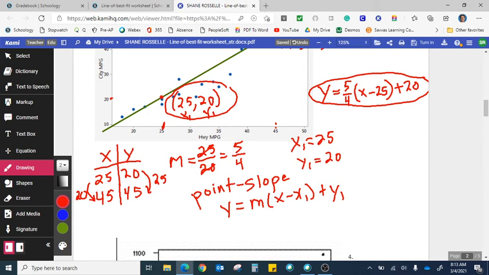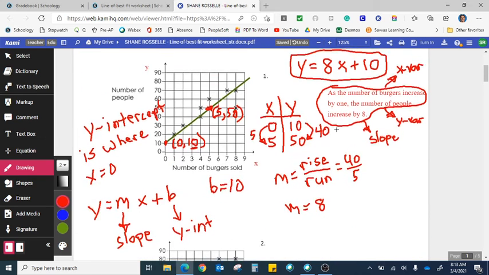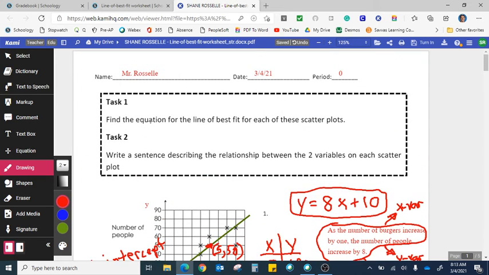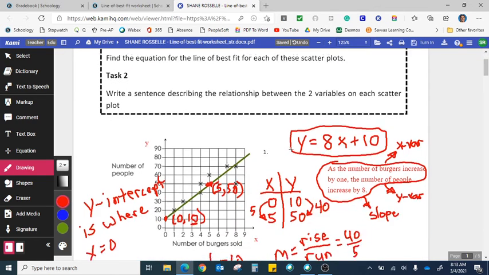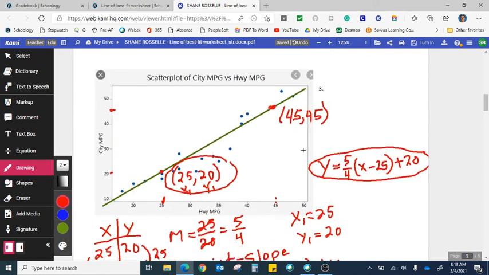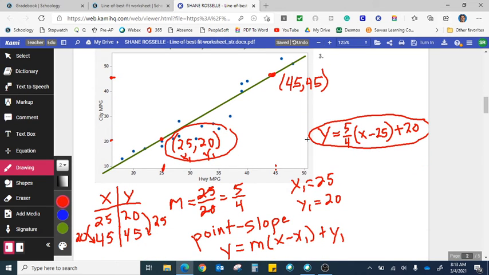If it asks up here, it says find the equation for the line of best fit for the scatter plot. So if it doesn't say specifically put it into slope-intercept form, then I'm good to go. This is in point-slope form. Now, the only problem with not converting this to slope-intercept form is I don't know where the y-intercept would be.